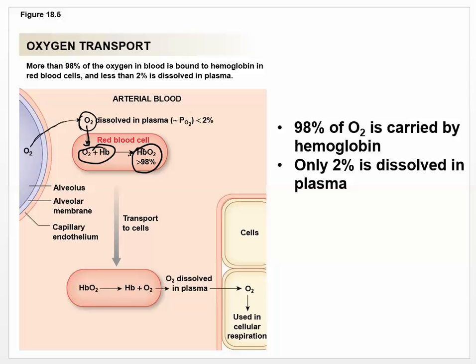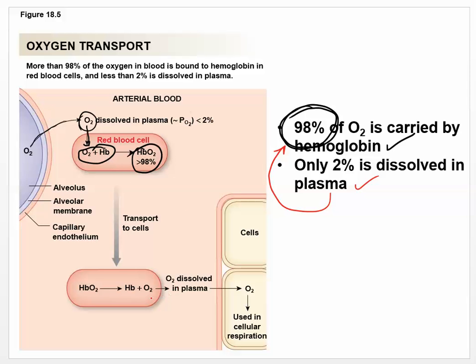And 98%, a good number to remember, of the oxygen in your blood right now is bound to hemoglobin. That means only 2% is dissolved in plasma, and that is probably on its way to forming a bond with the hemoglobin as well. So that's how it's carried.